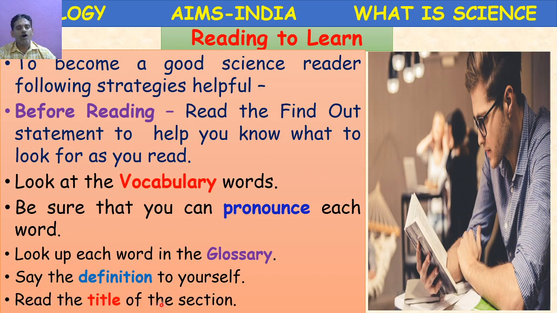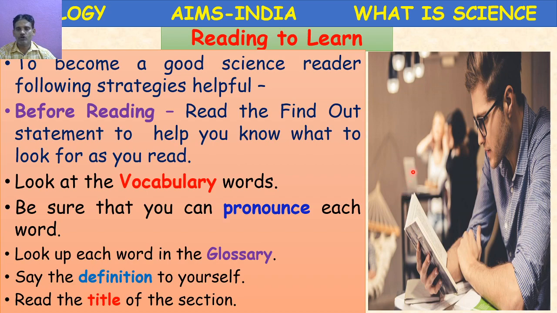Read the title of the section. It's very important. Subheading, heading. Okay. So these are before reading. You have to look after all these things. Read the find out statement. Look at the vocabulary words, and be sure that you can pronounce each word, and look up the glossary.